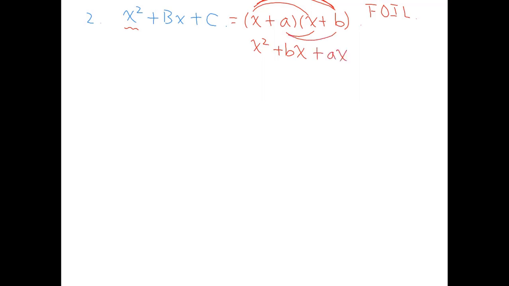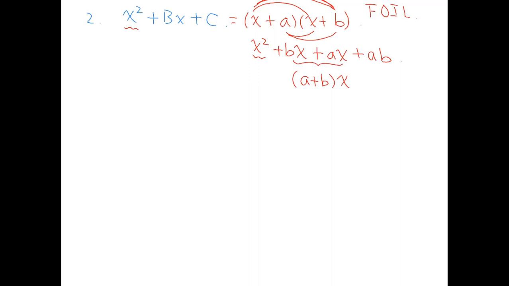And a times b, you will see ab, right? So x squared, we already have x squared. And then these two x terms, you have ax plus bx, so that is just a plus b times x. You factor x out, right? And then the last term is ab.